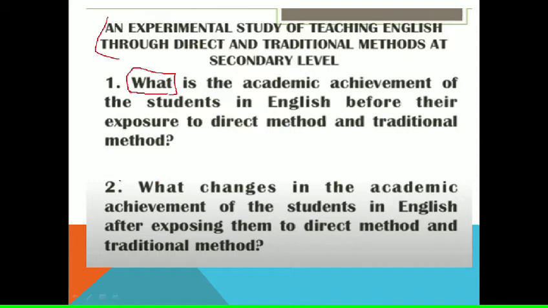And the second question: what changes in the academic achievement of the students in English after exposing them to direct method and traditional method? So from the question what, we use descriptive treatment.